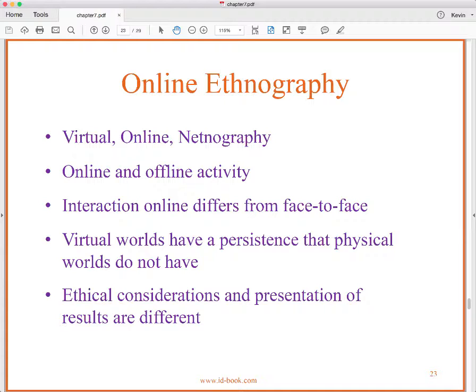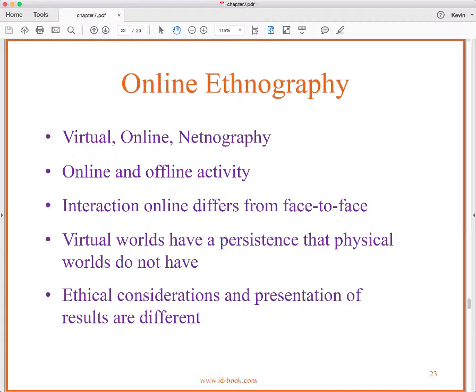But what we're going to say is it's different. So what we're trying to do is analyze behavior that is more confined to, for instance, things that happen on the net or things that happen in a virtual world.